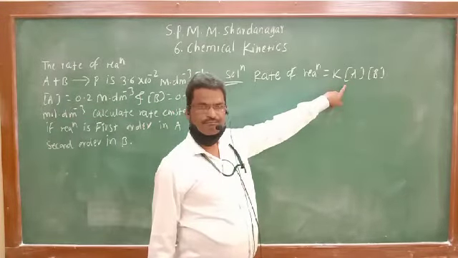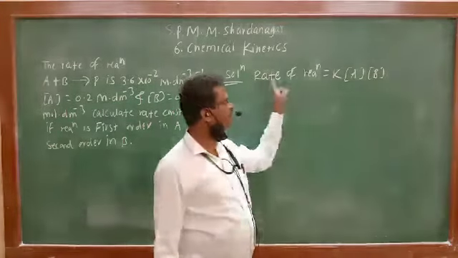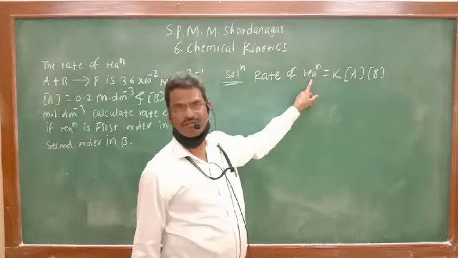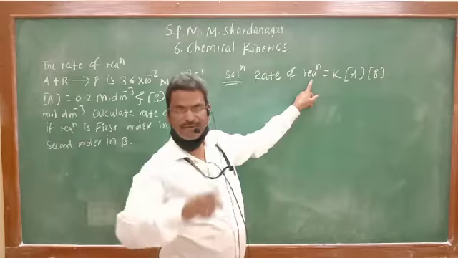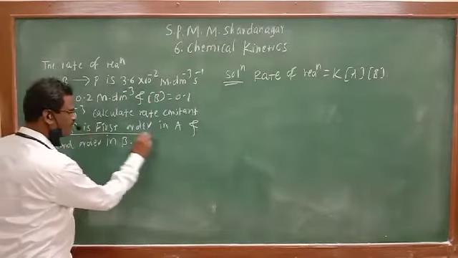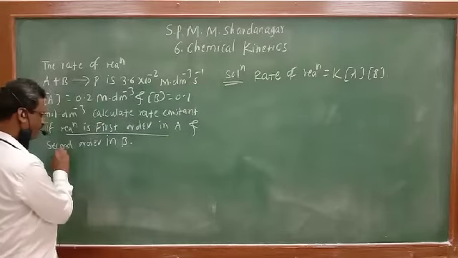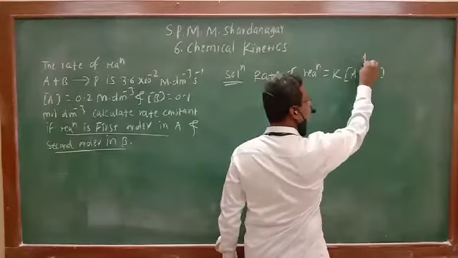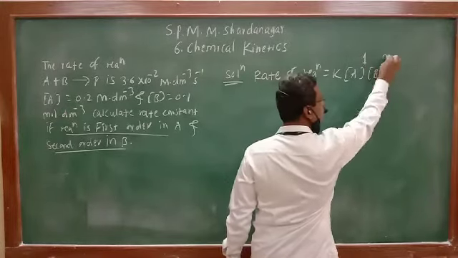But we know the rate law is nothing but an experimental equation. And in the experiment, they have indicated experimentally that the reaction is first order in A and second order in B. So A raised to 1 and B raised to 2.